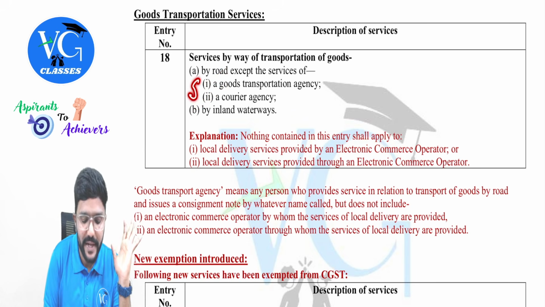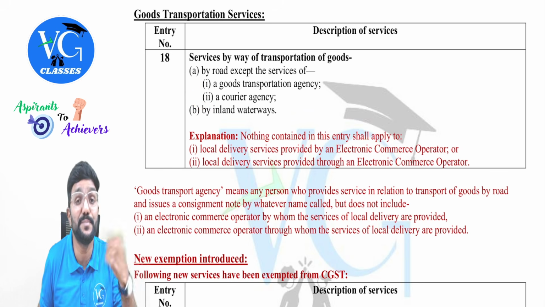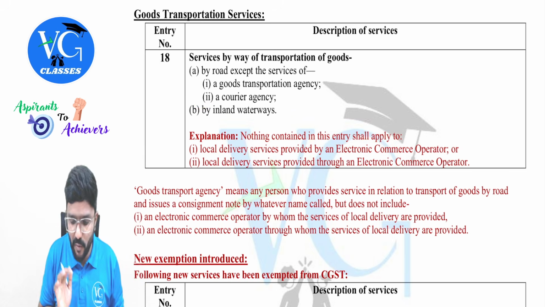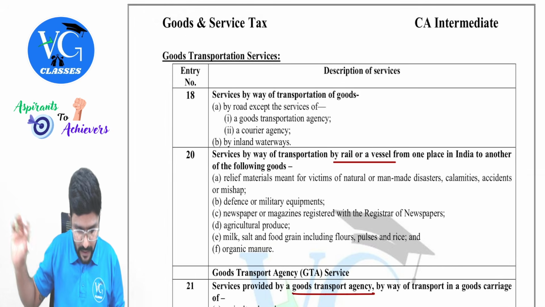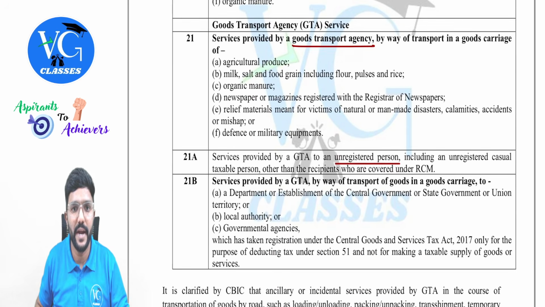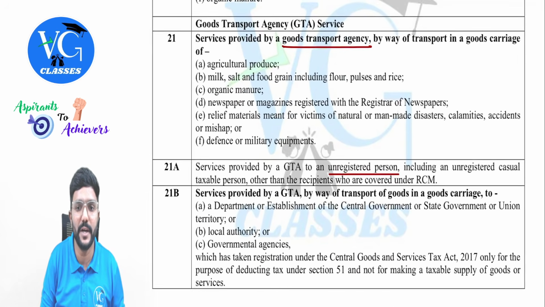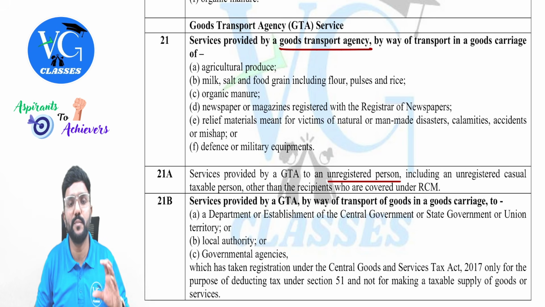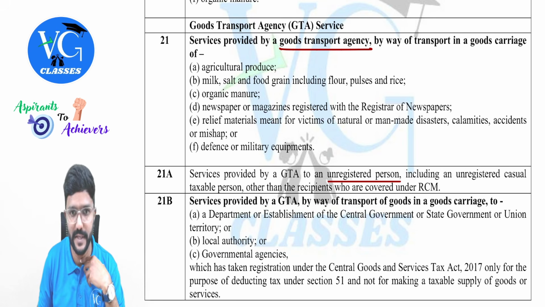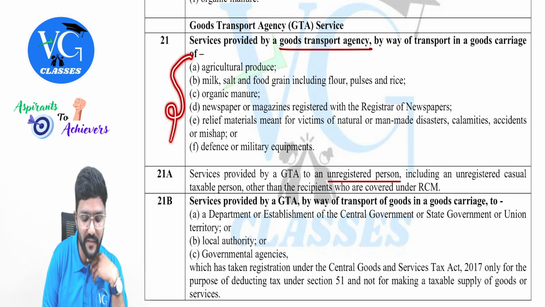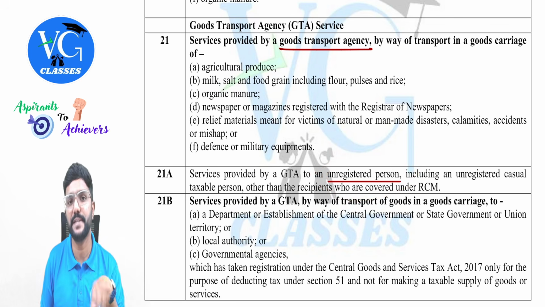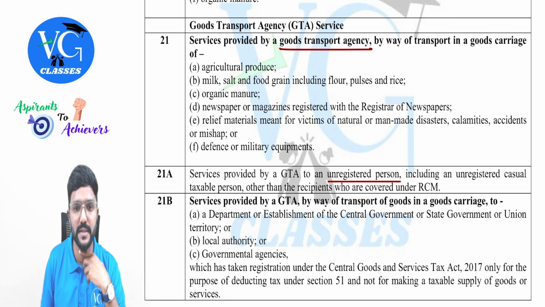So, if they are providing any transportation services, is it exempt as per entry 18? No. But for goods transportation agency, whatever services they are providing, there are separate exemptions, guys, which we would have already covered. Yes, you can see entry 21, 21A and 21B, which talks about the exemptions for transportation services provided by GTA. Here only few specific goods are there. And here, if the recipients is not a specified recipients, then GTA enjoy the exemption.